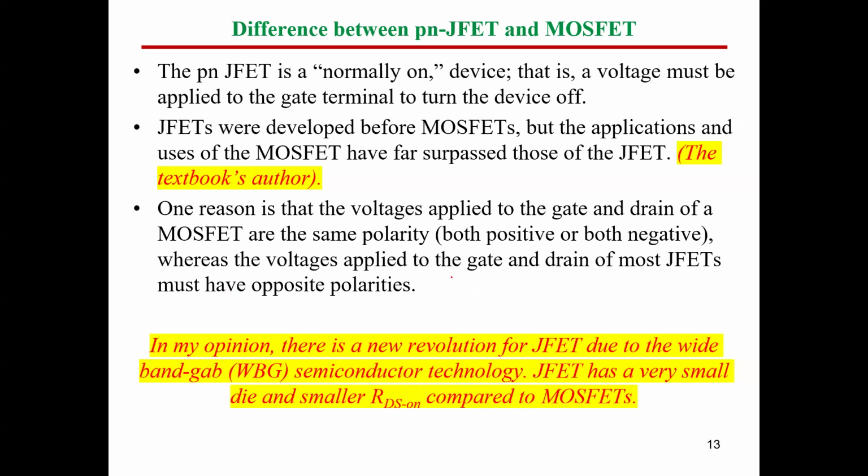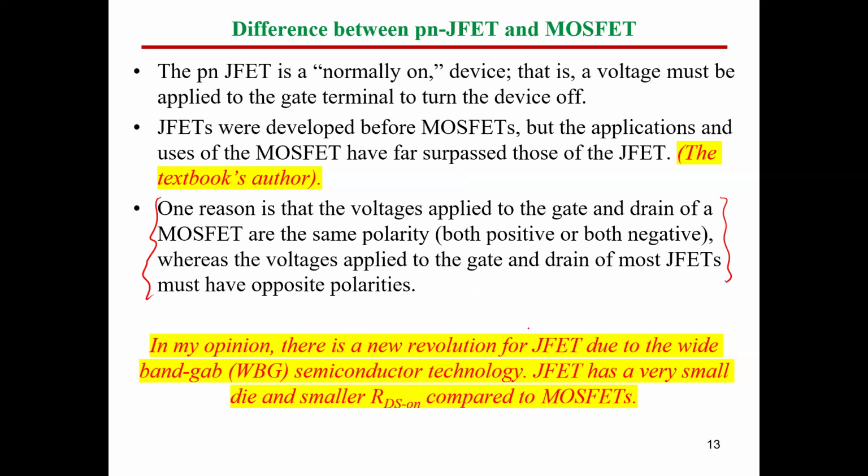I don't see this as a reasonable or a big deal, because in the end you will provide the pulses to the gate to source by means of another supply, not the same as the drain to source supply. This is in most of the cases. So I don't see that this is a big reason why we don't use the JFET.